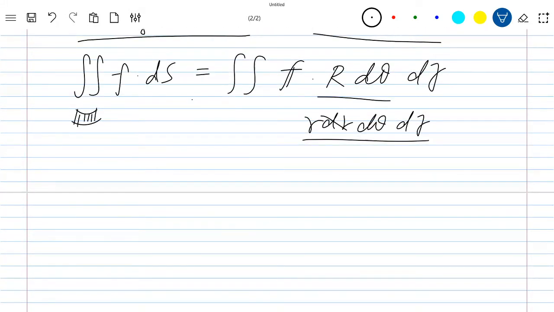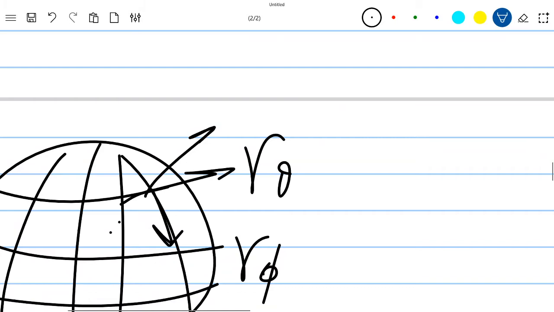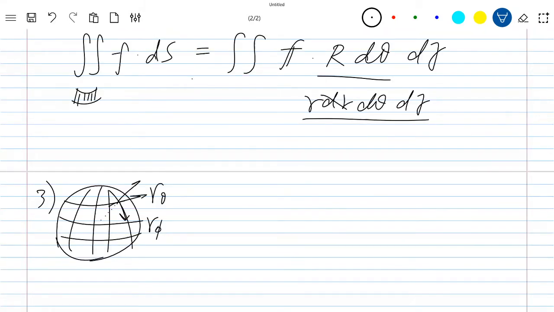And the third case is a sphere. Say you have a point here. This is r theta, and r phi is going down. So if you take the cross product of r theta and r phi, you will get this n direction.